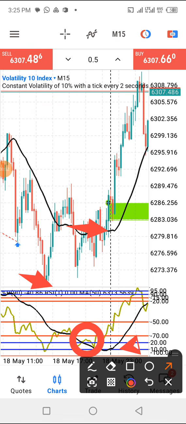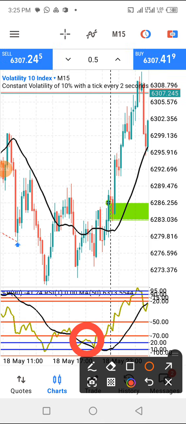Now, synthetic indices are very volatile, so don't go and open too many trades, so that if price is making a pullback, it doesn't push you out of the trade. If you're going to be using synthetic indices, the Boom and Crash volatilities, make sure you don't open too many trades, because price may decide to make a pullback.